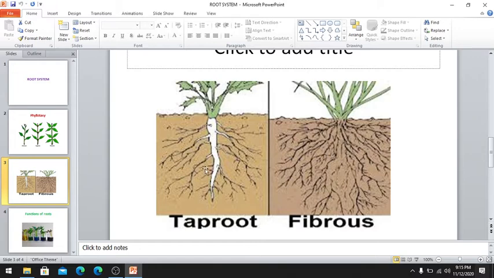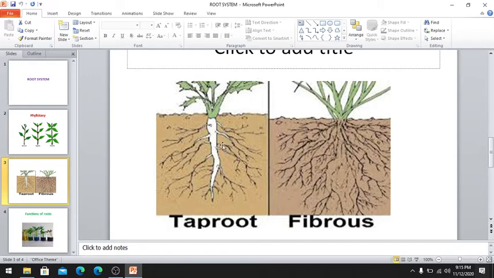But the plant which has roots is not so easy to pull out, because those roots help to fix the plant firmly in the soil. That is one function. And just now we discussed that they conduct water and nutrients to the remaining parts of the plant.